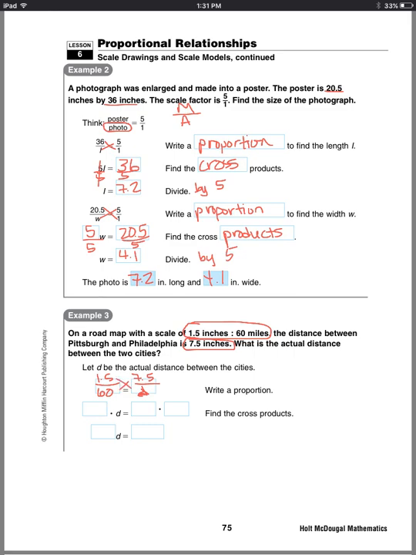Then we're going to find cross products. 1.5 times D equals 60 times 7.5. 1.5 times D is 1.5D, and 60 times 7.5 is 450.